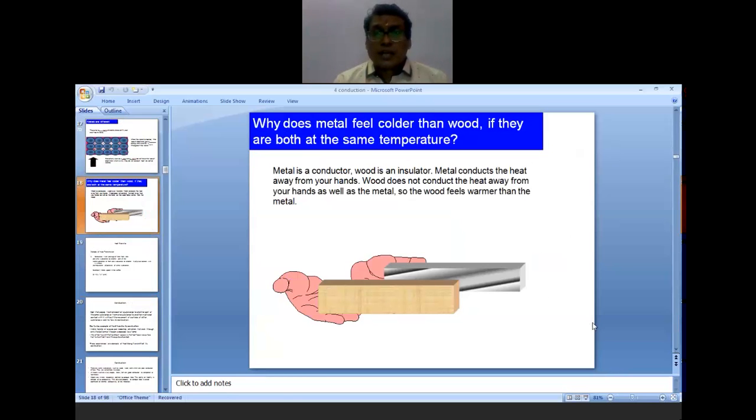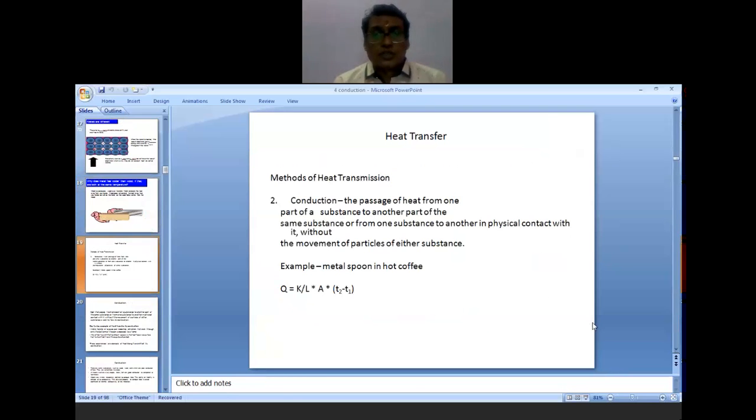Then the metals are your good conductors.